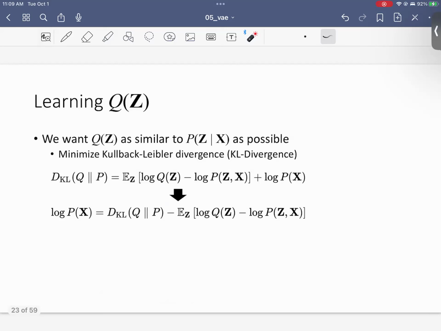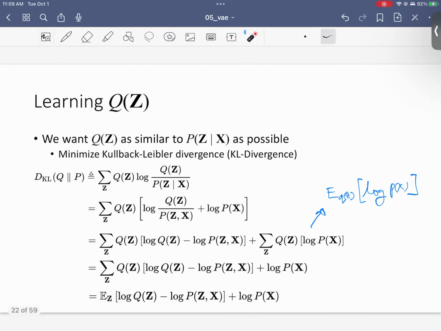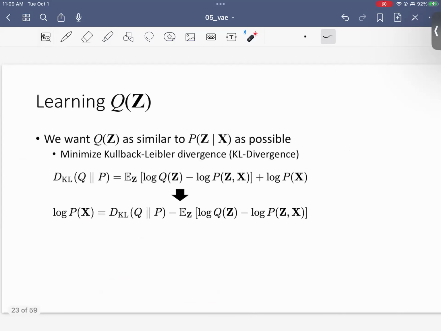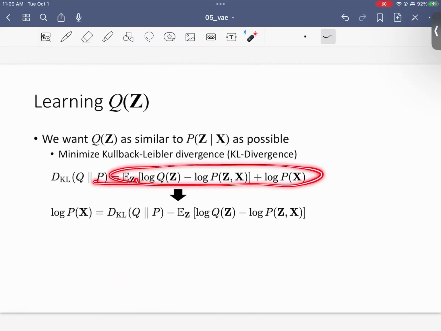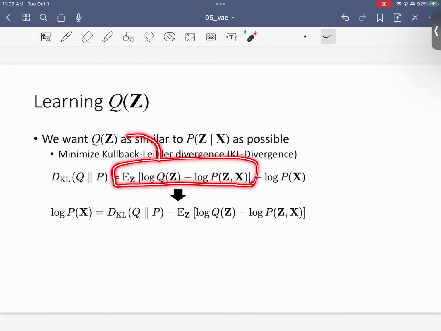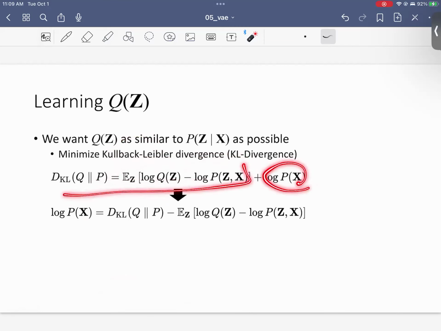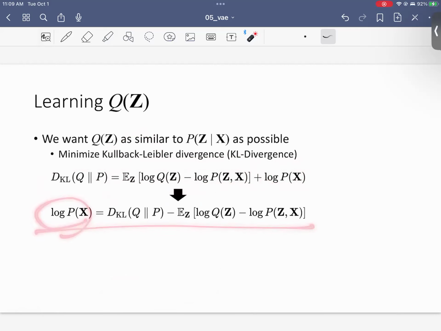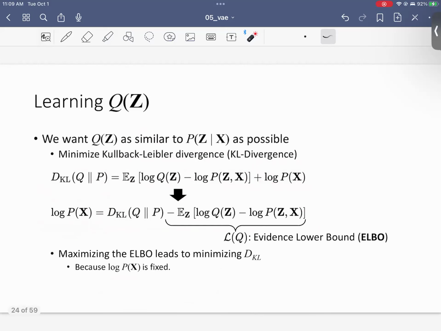All right, I'm going to move on. So we take this and copy paste it here. Now we move this term over to this side so that log P(X) will be on one side and these two will be on the other side.